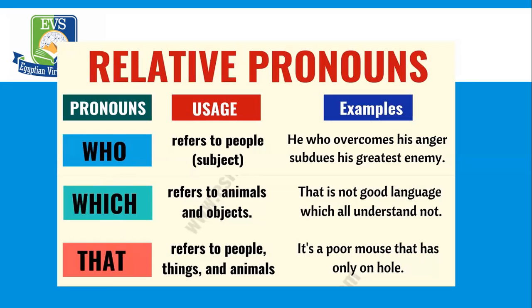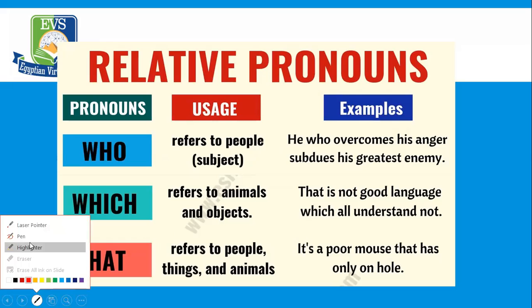We usually use the relative pronoun who when we refer to people or persons, the subject of the sentence. Check this example. He who overcomes his anger subdues his greatest enemy. He is the subject. Who overcomes his anger?